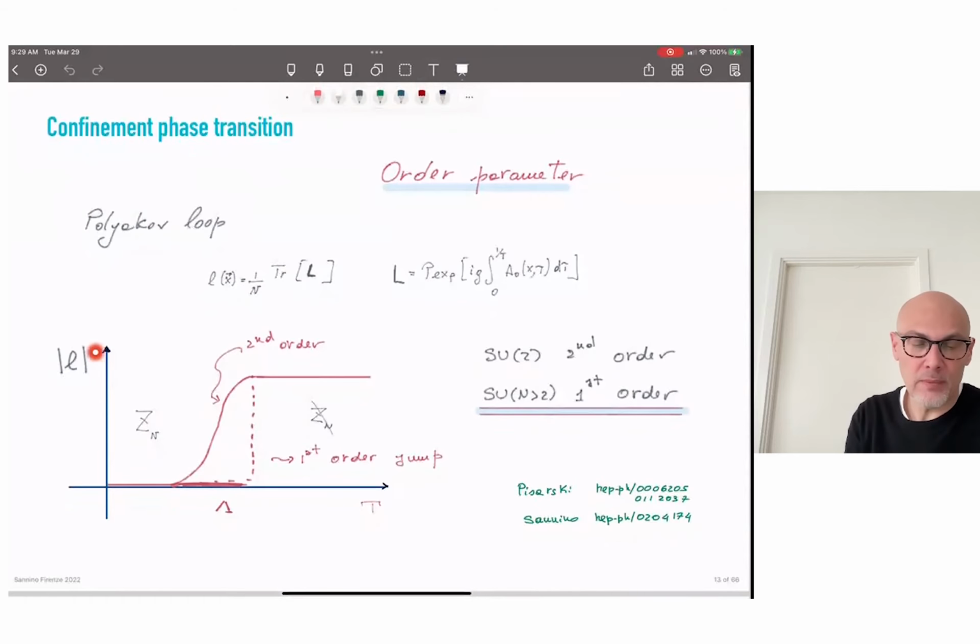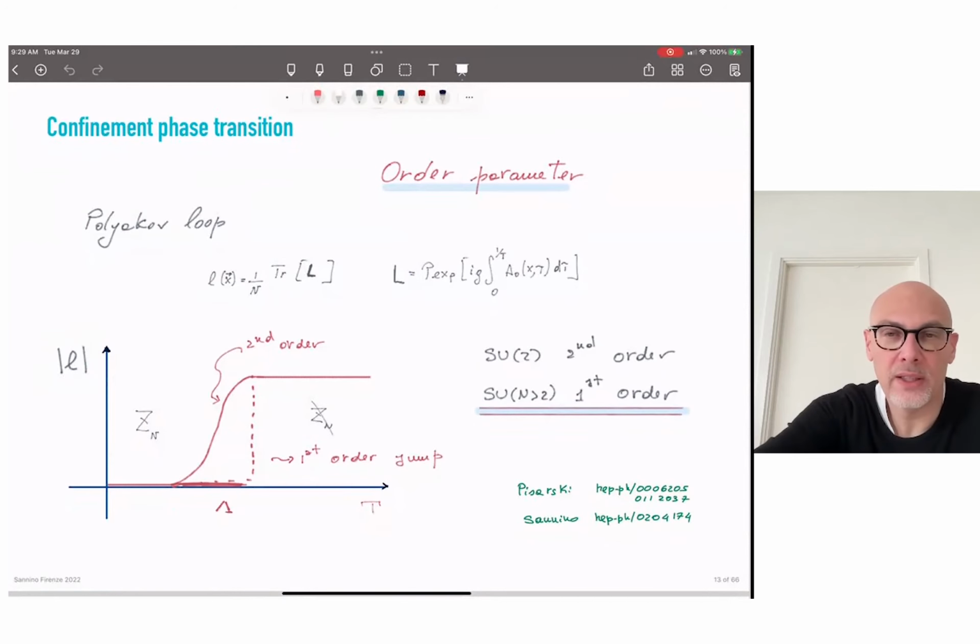Now, if I plot L as a function of temperature, then you see that at small temperature it's 0 and at high temperature it's exactly 1.